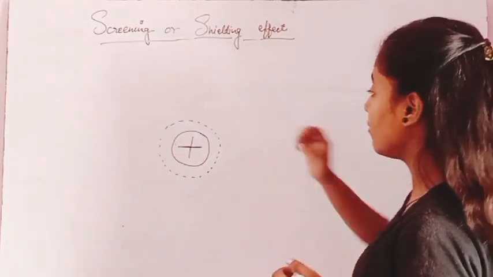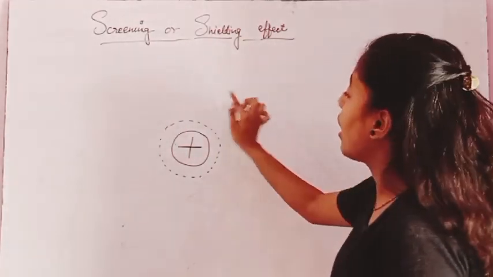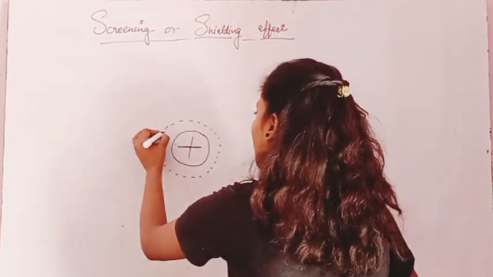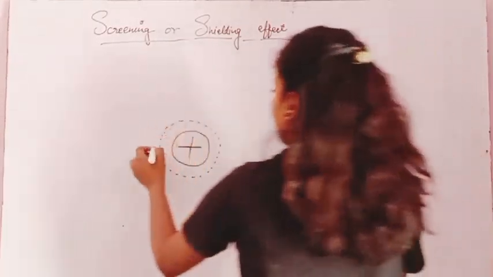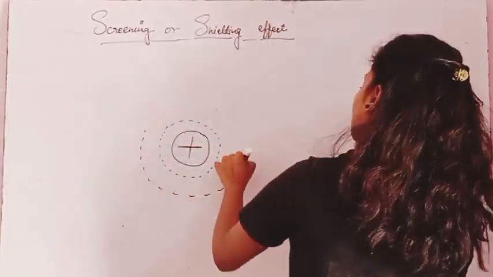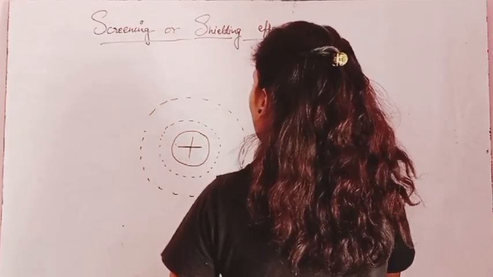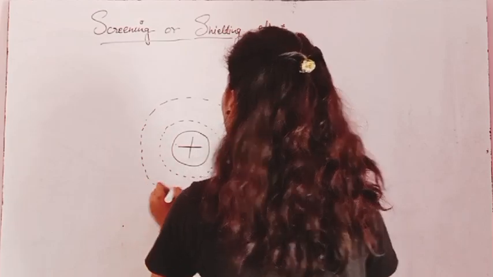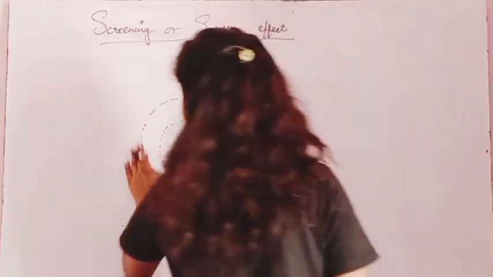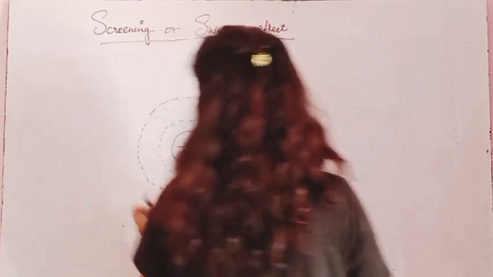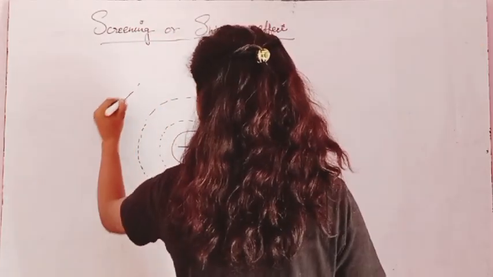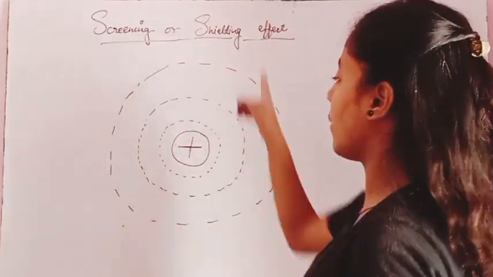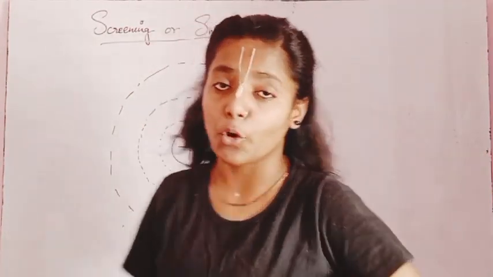So that particular electron occupies your orbit number 1, which has 2 electrons. Then again it has orbit number 2, that contains 8 electrons, and it's gonna be in a circular path, right? Then it's gonna be your third shell, which contains more electrons.